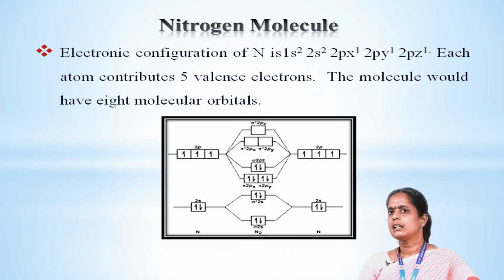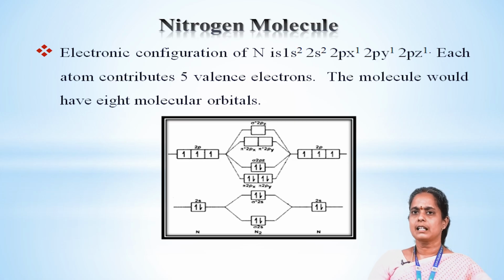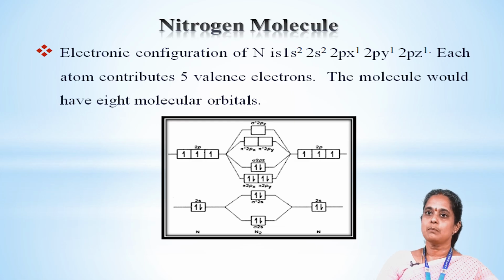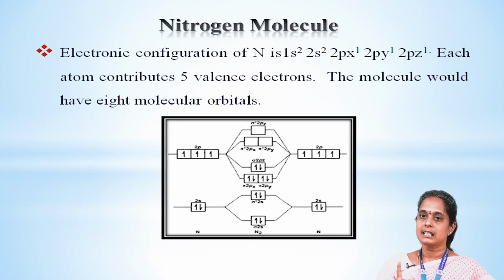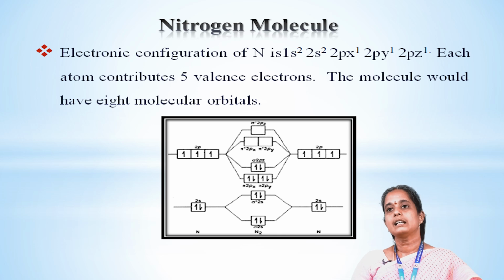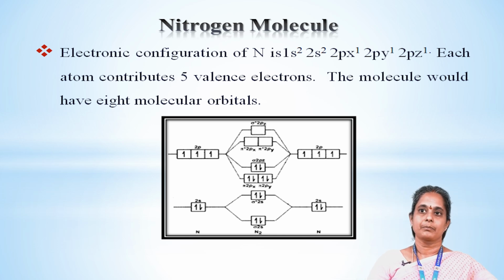Next we see the molecular orbital theory for the nitrogen molecule. The electronic configuration of the nitrogen atom is 1s2, 2s2, 2px1, 2py1, 2pz1. That is, the 7 electrons are accommodated according to the Aufbau principle.